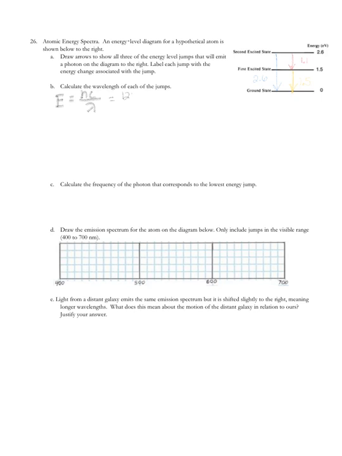I'm going to use 1240 for H times C, and since this is already in units of electron volts times nanometers, I can just leave everything in nanometers. My answer will come out in nanometers, which is great. Let's substitute in just for the highest energy jump. That's an energy of 2.6 electron volts.